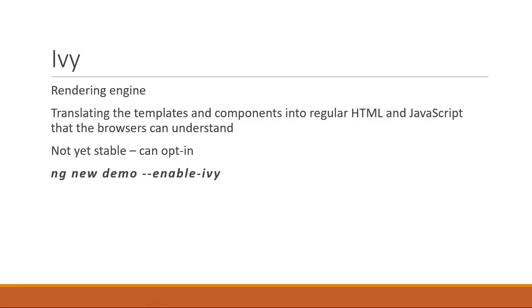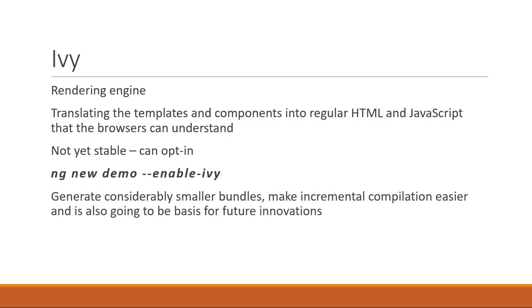So ng new demo, which is the project name, followed by the option --enable-ivy. Ivy has the potential to generate considerably smaller bundles, make incremental compilation easier, and is also going to be the basis for future innovations in Angular. Fingers crossed it will soon be stable.